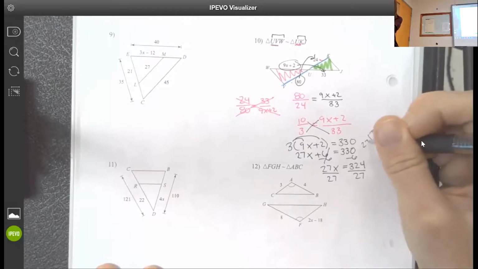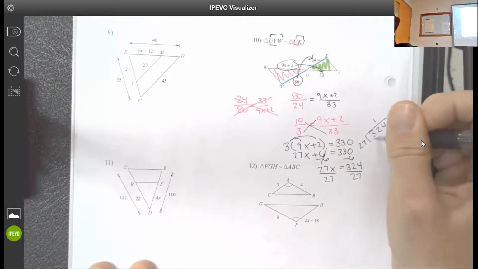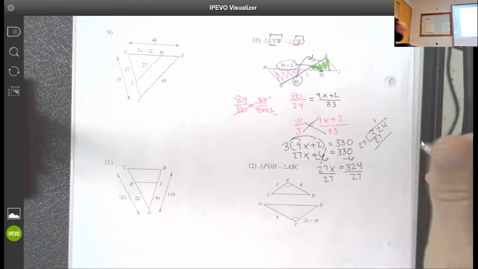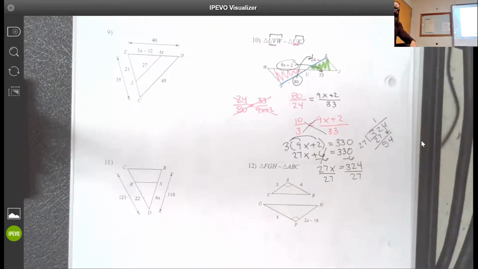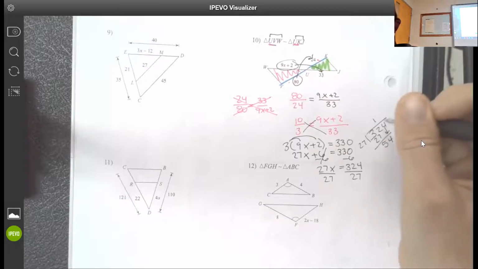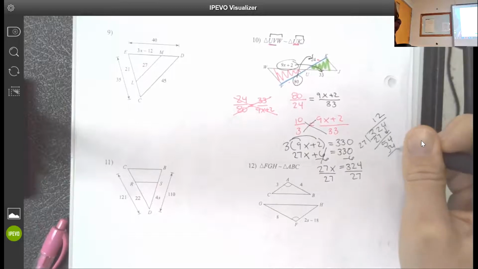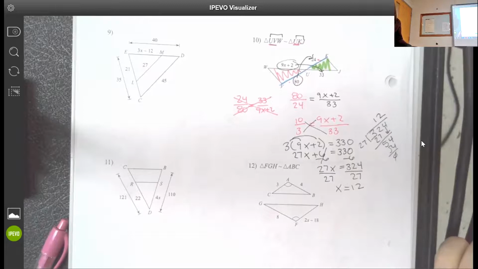I wouldn't make you sweat through this division on an assessment. How many times is 27 going to 32? Once. 32 subtract 27. Bring down the 4. How many times is 27 going to 54? 2. So it goes in evenly, right? Phew. 12. That doesn't seem right. I guess it's right. Yeah.